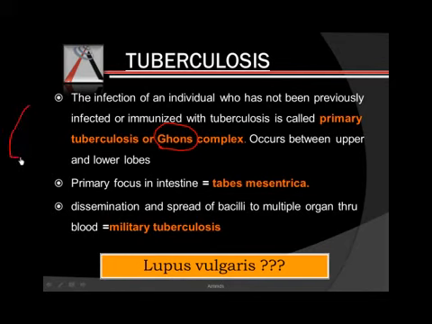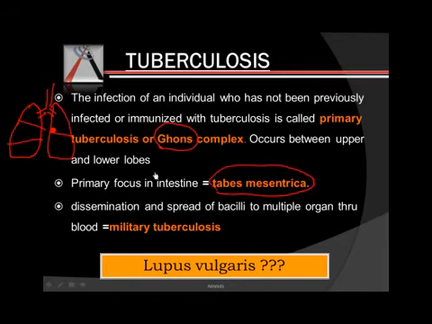If you talk about the lobes of the lungs, the left lung has 2 lobes, while the right lung has 3 lobes. Primary infection, if it happens in the intestine, is called tabes mesenterica. If the infection spreads through the blood vessels and multiplies, it is called miliary tuberculosis.